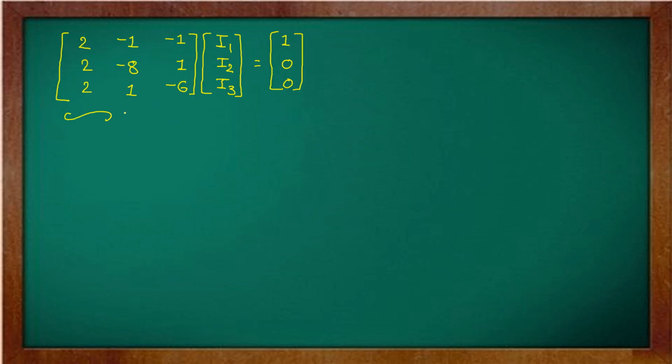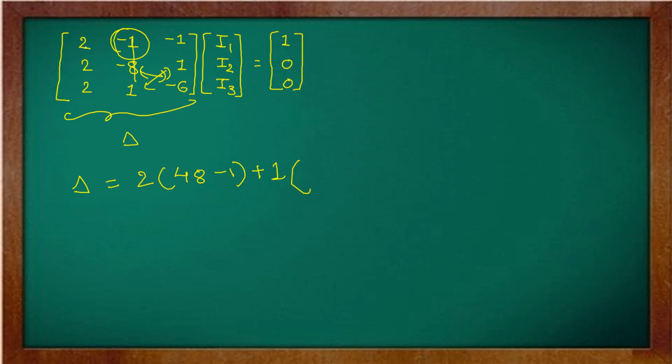So how can we find this determinant? Using the matrix, the determinant is equal to 2 multiplied by this 2, that is plus 48, minus this 2, that is -1, minus minus plus 1, because the second element you always have to consider with minus. Then eliminate this row and column. So -6 and 2, that is -12, -2.